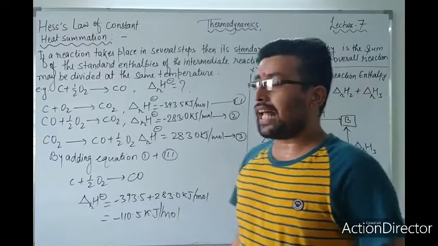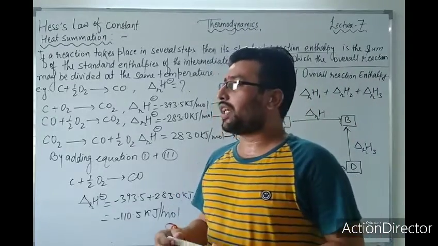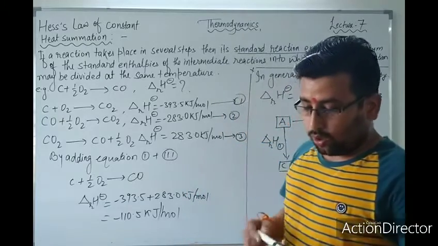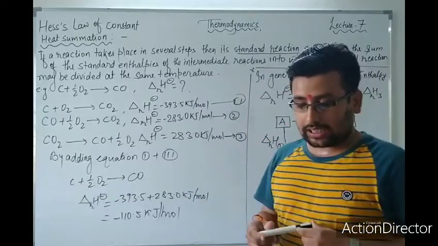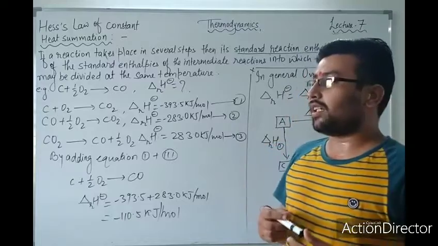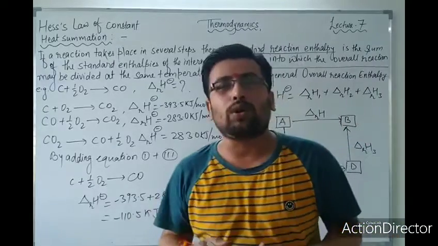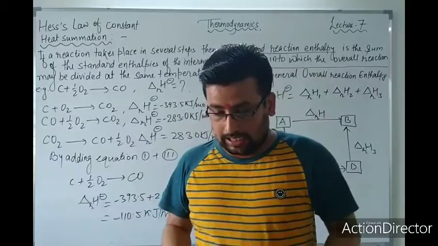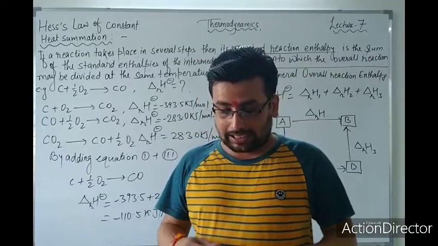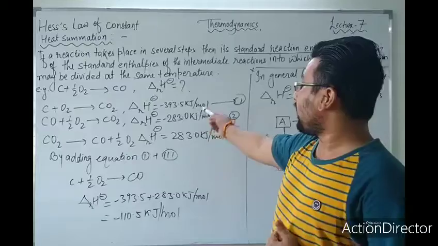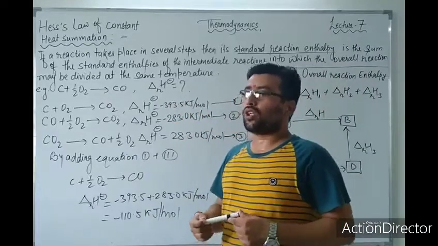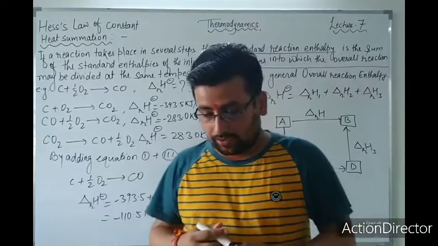Although we know carbon monoxide is a major product here because of the lack of oxygen, rather than carbon dioxide, we cannot directly measure the enthalpy change for this reaction, carbon plus half oxygen equals carbon monoxide.